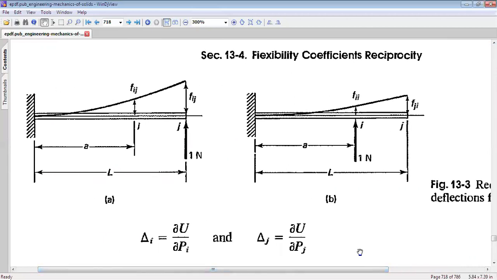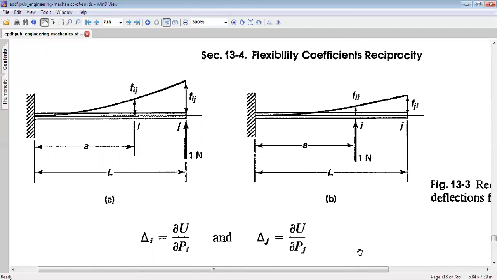In figure A, we can see there is a unit load acting at the Jth point at the cantilevered end, and at x equal to a, we have Fij, which means deflection at I due to unit load at J. And if you look at figure B, we have a unit load at I now.